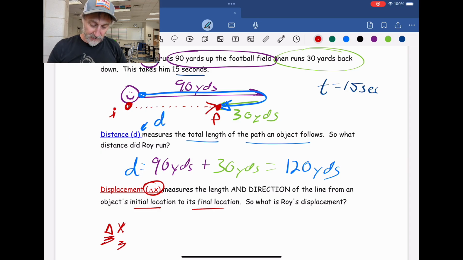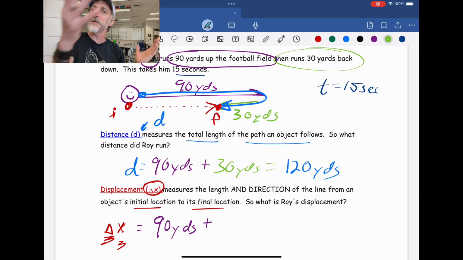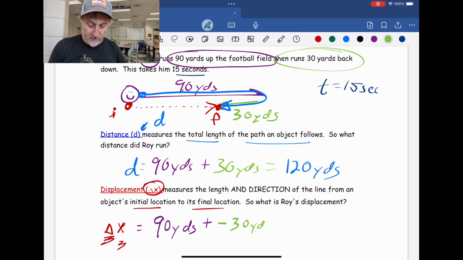Mathematically, it's this. He went 90 yards up the field, and then I'm gonna make the 30 yards negative because he's undoing his progress up the field and he's coming down the field. So I'm gonna call it negative 30 yards for a total of 60 yards.